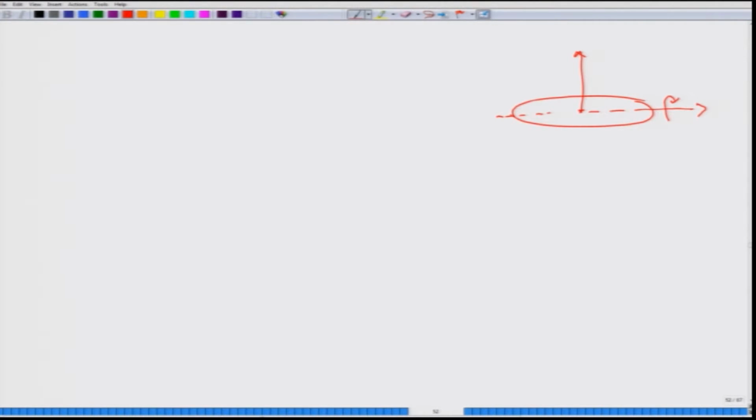For that we use the perpendicular axis theorem. This theorem says that if you have 3 axes x, y and z, then the moment of inertia about the z axis will be the moment of inertia about the x axis plus the moment of inertia about the y axis.